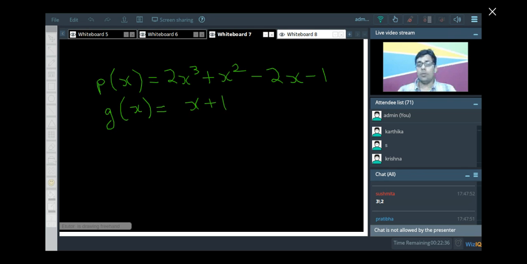Now the question is, we need to find out whether g(x) is a factor of p(x) by using the factor theorem. How can we check this?